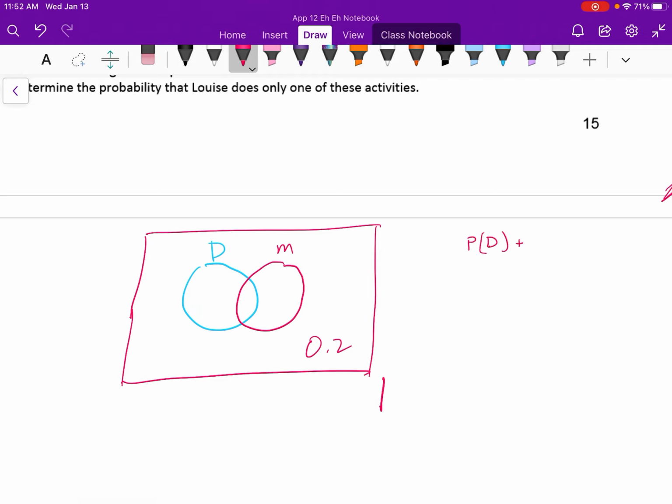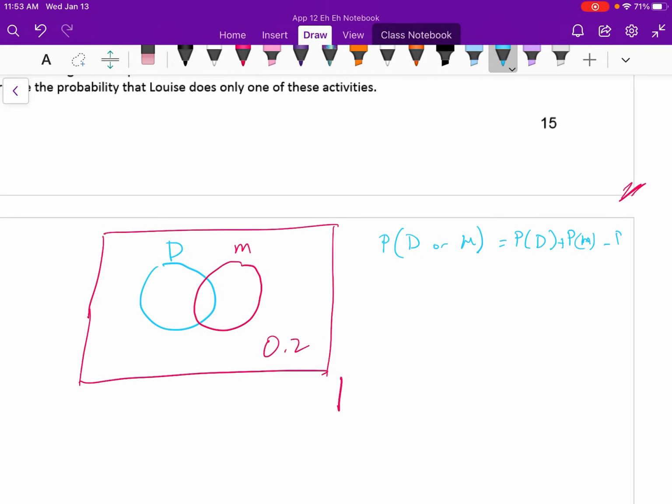Well, now I know that the probability of dinner or a movie is going to be the probability of a dinner plus the probability of a movie. And since they're non-mutually exclusive, I have to subtract out a dinner and a movie.